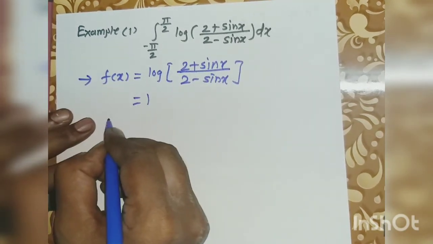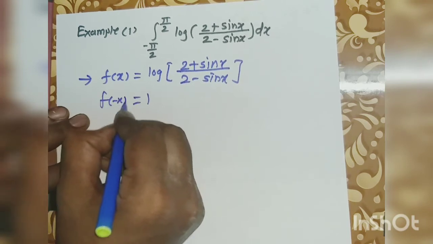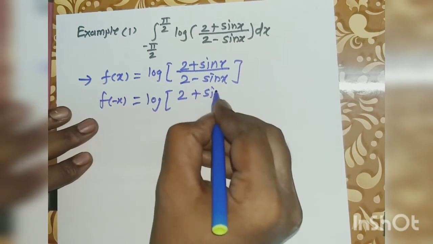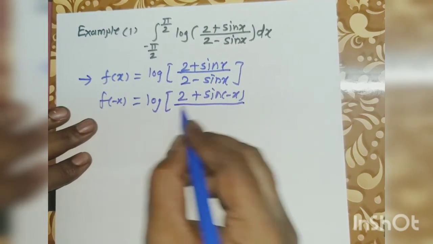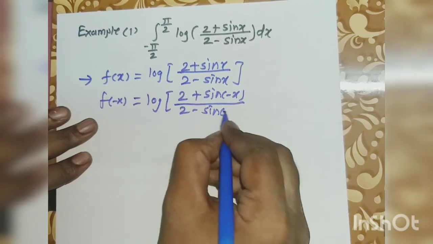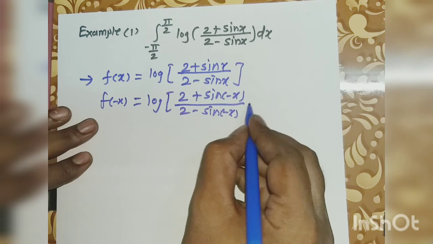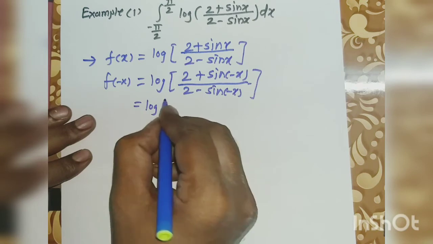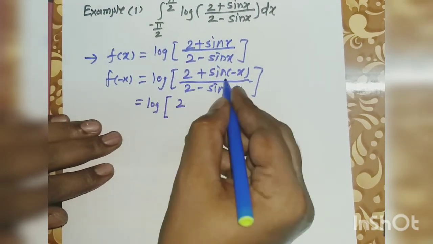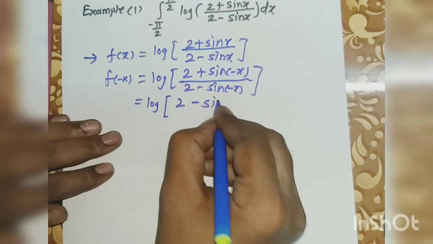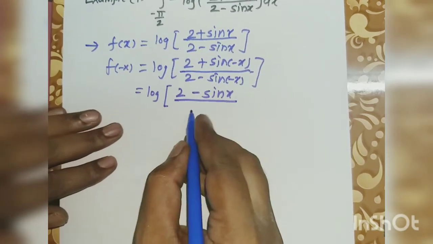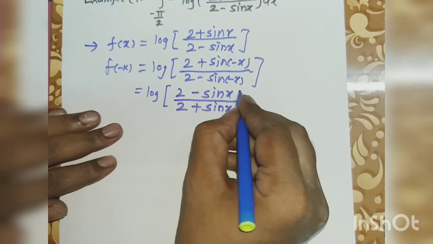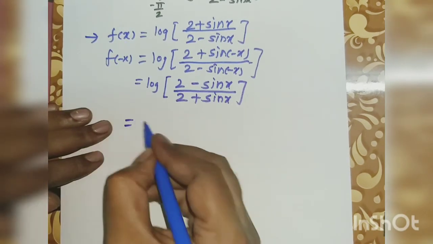Then f(minus x) is equal to log of (2 plus sin of minus x) divided by (2 minus sin of minus x), which is equal to log of, since sin of minus theta is minus sin theta, (2 minus sin x) divided by (2 plus sin x).